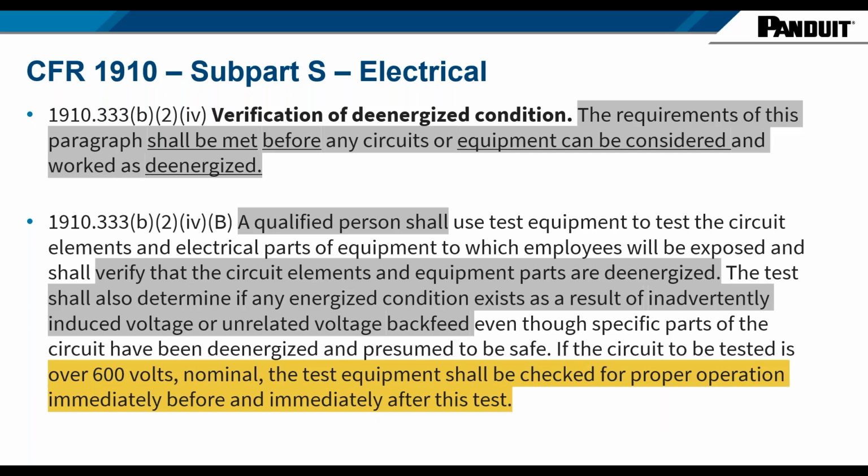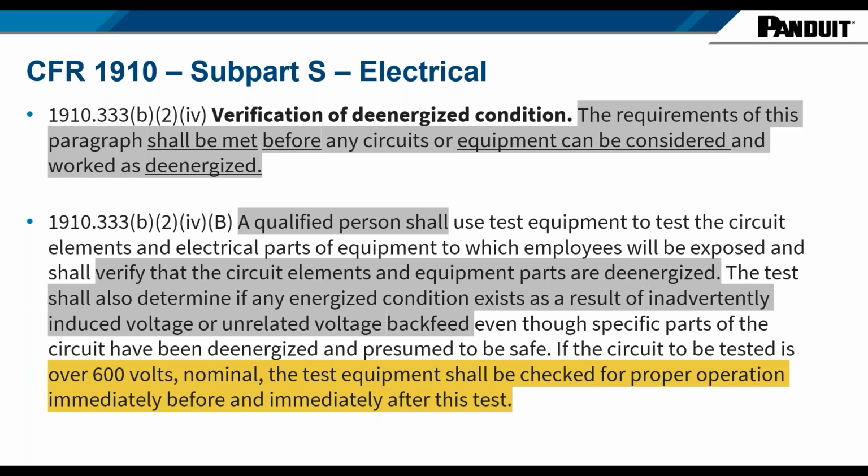A qualified person shall use test equipment to verify that the circuit elements and equipment parts are de-energized. A qualified person must be doing this, and they must use that equipment to verify it. They shall also determine if any energized condition exists, backfeeds and induced voltages and so on.